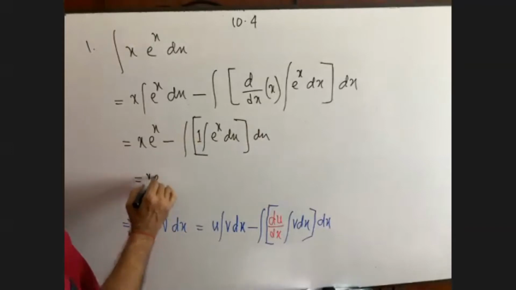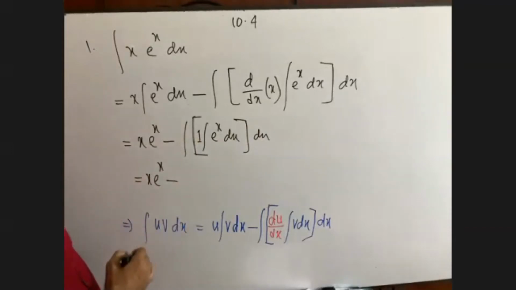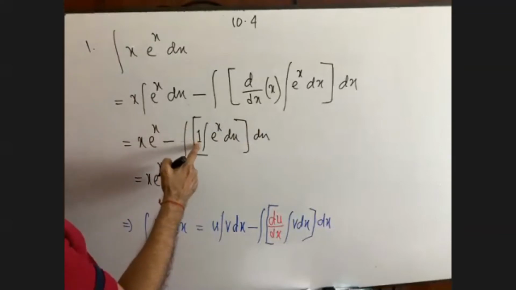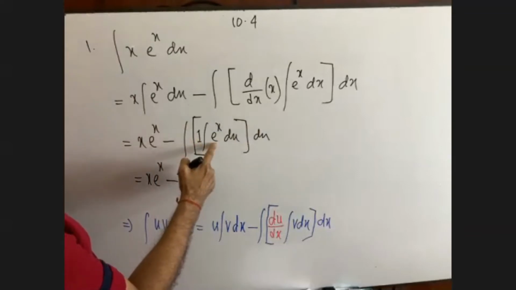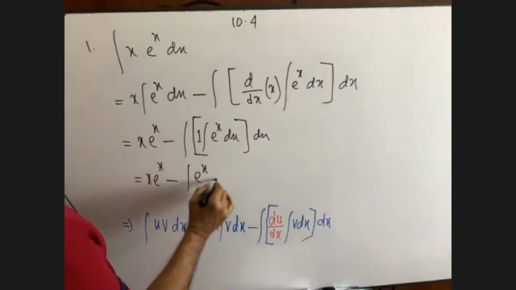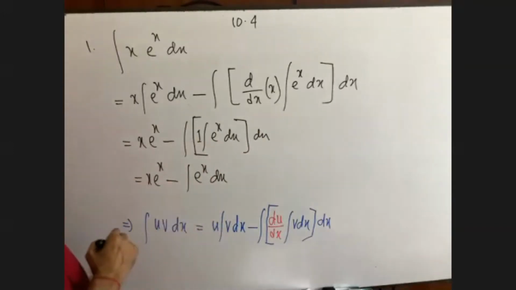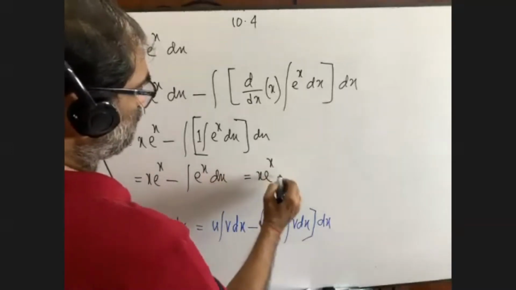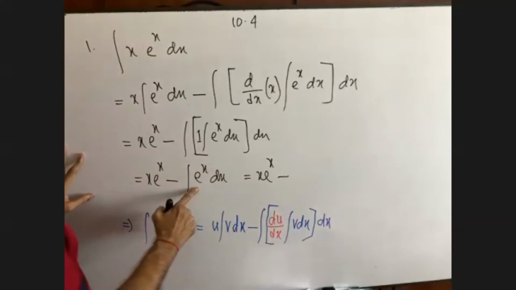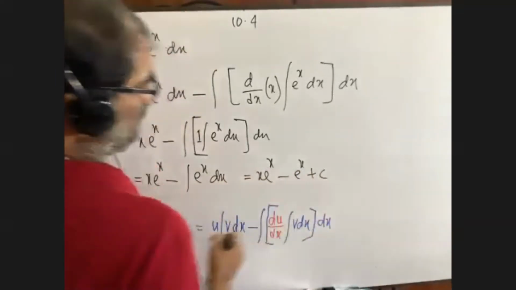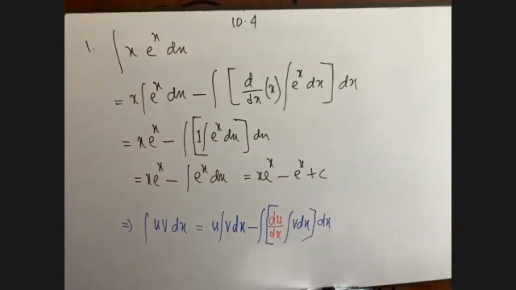It is x e^x minus the integration sign, e^x dx means e^x, then again dx. Now write x e^x minus e^x, since ∫e^x dx equals e^x plus c. So the math is done.